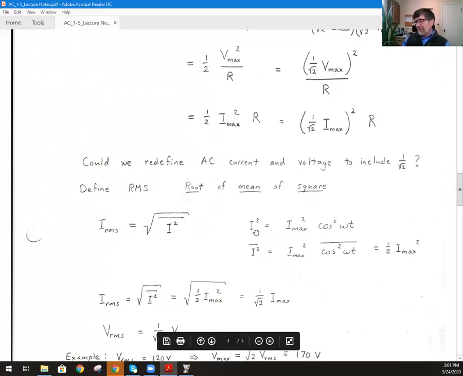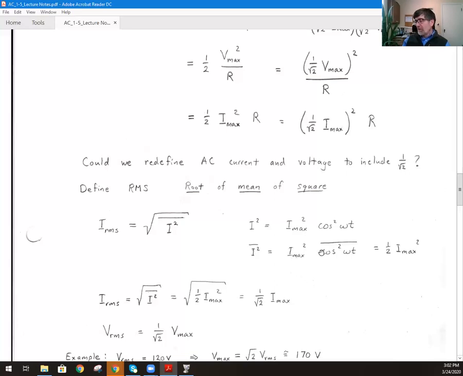Here's I. If we start with I, we're supposed to square it. Remember, our formula was I max times cosine omega t. So if we square that, we've got to square everything here. Then you have to take the mean of this. But taking the mean, or the average, the time average, this value is always the same number. It's just the peak value.